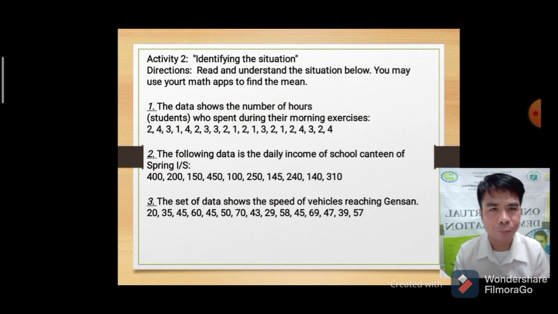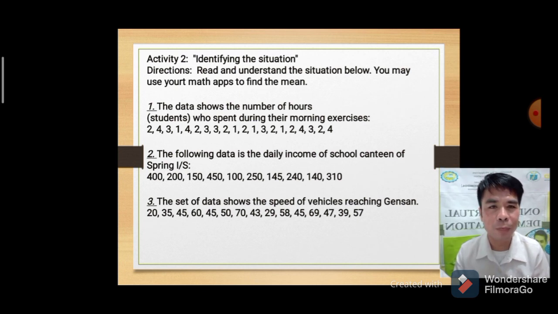Number 1: the data shows the number of hours the students spent during their morning exercises. We have the data 2, 4, 3, 1, 4, 2, 3, 3, 2, 1, 2, 1, 3, 2, 1, 2, 4, 3, 2, 4. That is our problem number 1.